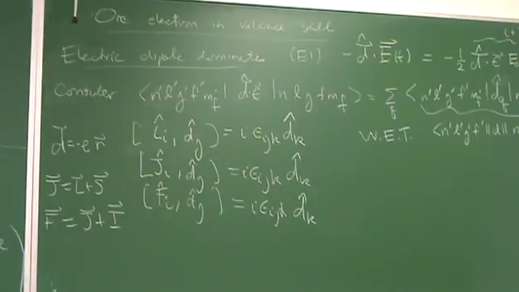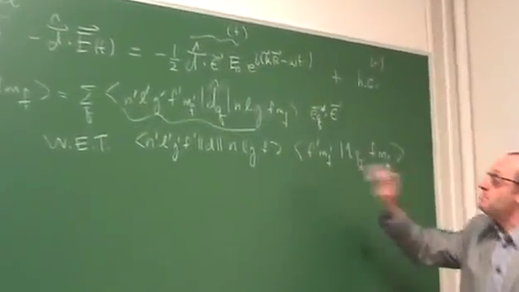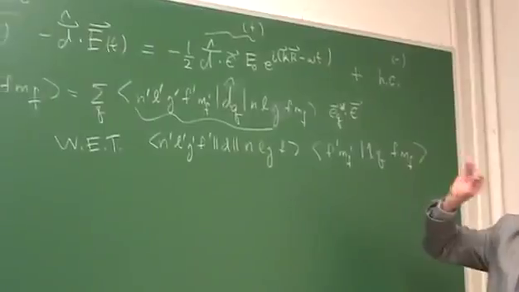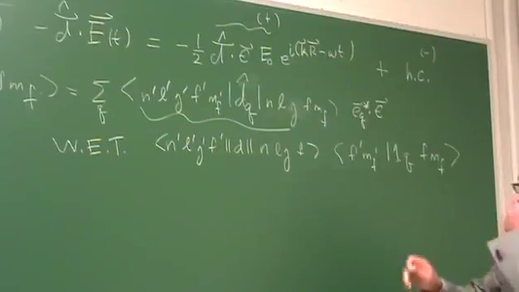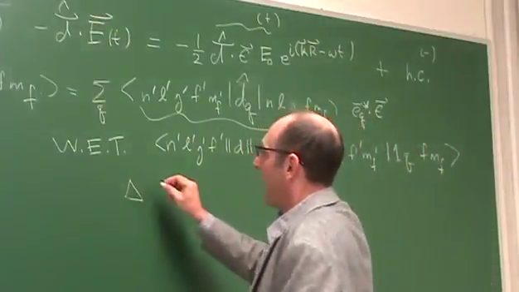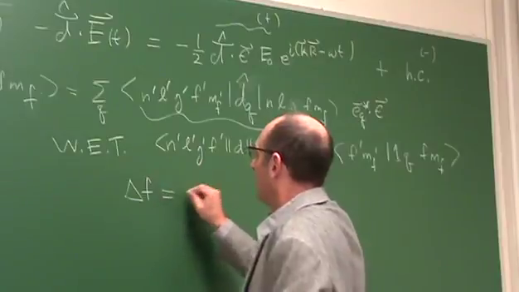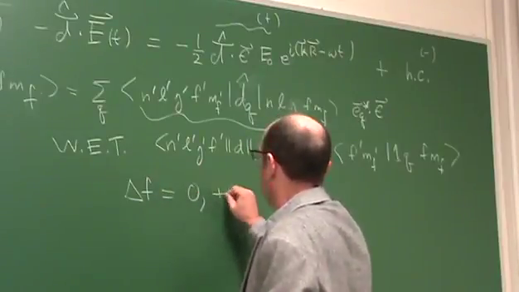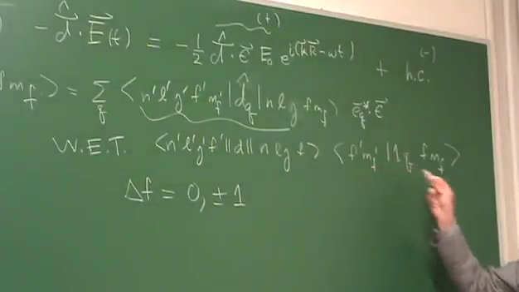And thus, here I've written it, I've used the Wigner-Eckart theorem based on the fact that D is a vector with respect to F. Okay? And from this, what we learned, certainly immediately, is that delta F can be 0 plus or minus 1. Why is that? Because of the Clebsch-Gordan coefficient.